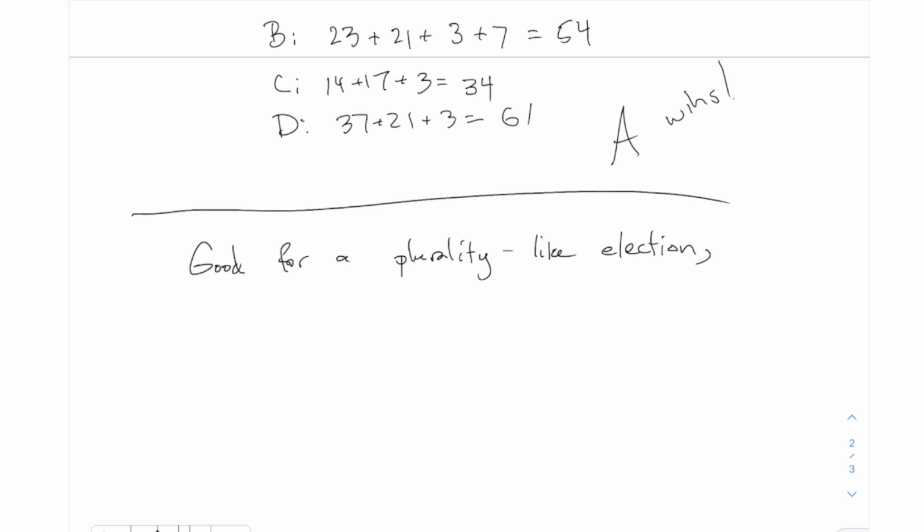It's good for a plurality-like election, but voters can choose more than one. That's the only difference, really. Voters can choose more than one person or whatever it is to vote for. It's easy to explain to people how it works, and it's easy to find the answers. You don't have to do some complicated system with a bunch of rounds or whatever.